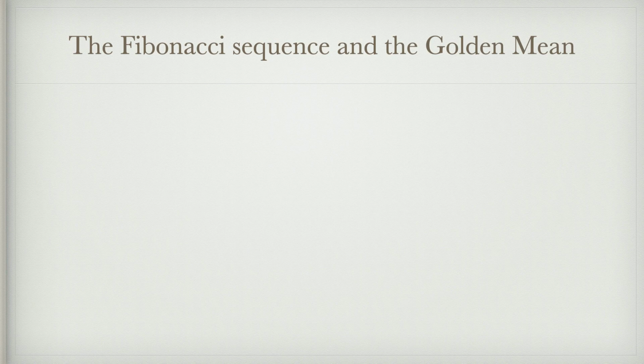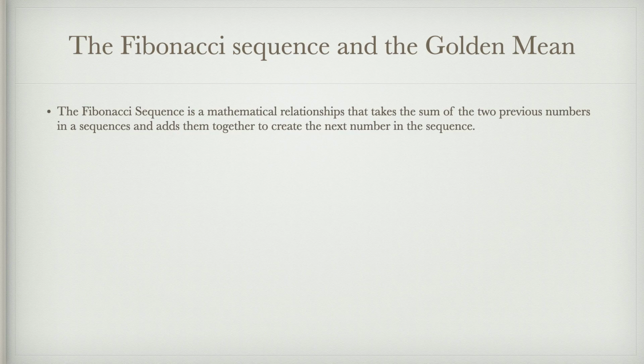So this last thing we're going to talk about is the Fibonacci sequence and the golden mean. A lot of you have probably already heard about this, but the Fibonacci sequence is a mathematical relationship that takes a sum of the two previous numbers in a sequence and adds them together to create the next number.